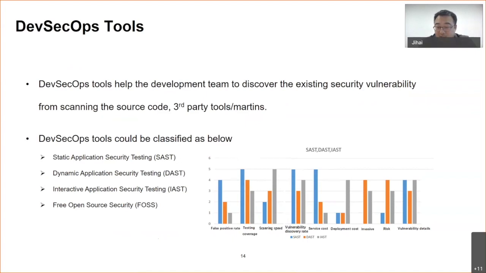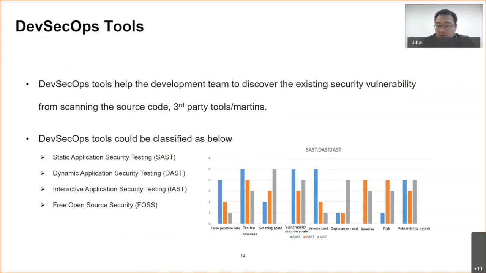They try to make sure the code or the product you produced is safe enough, with no vulnerabilities. But when you are coding, sometimes you have to introduce some third-party library, plugin, or package for your product.